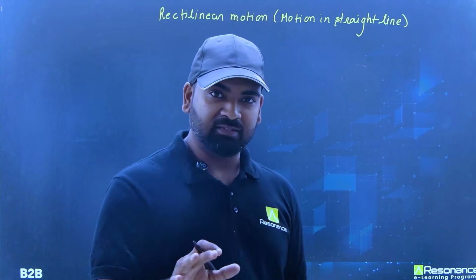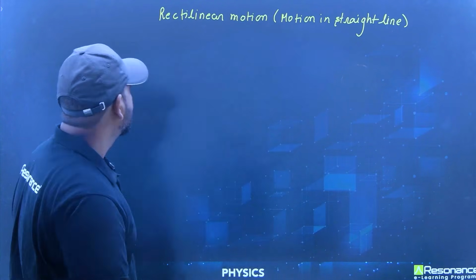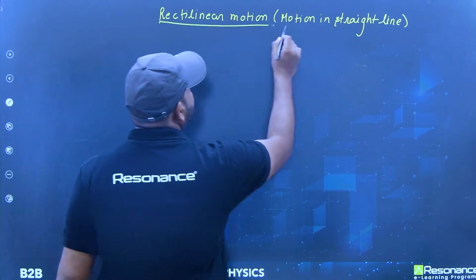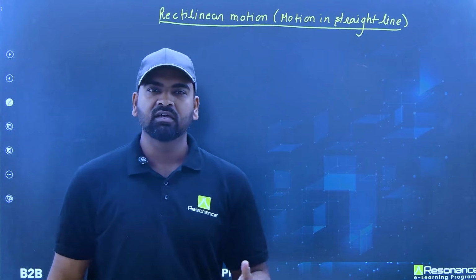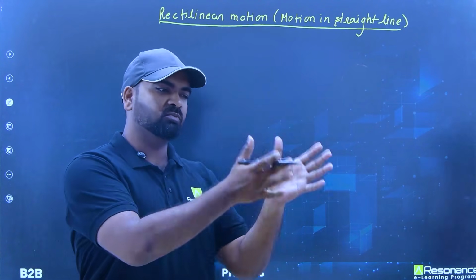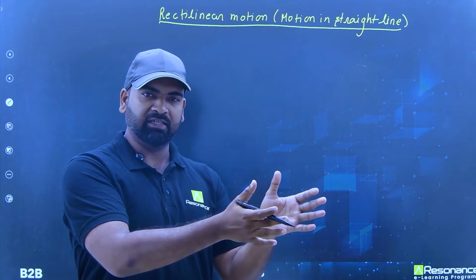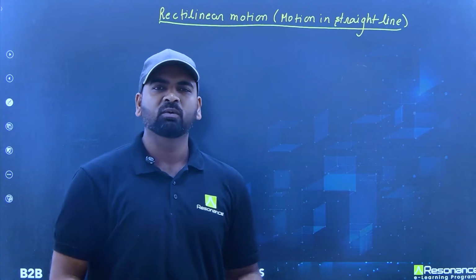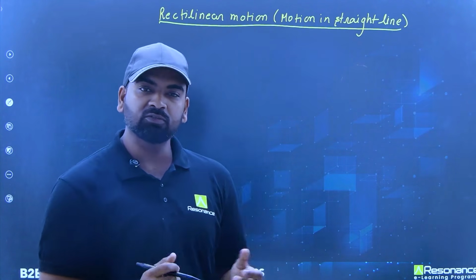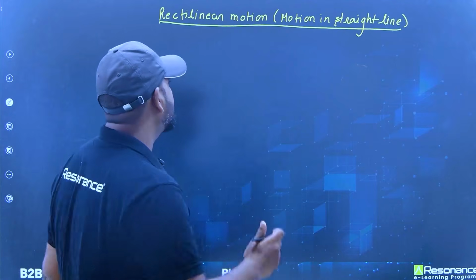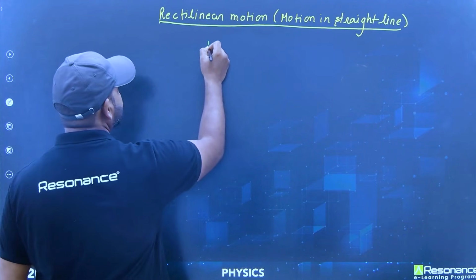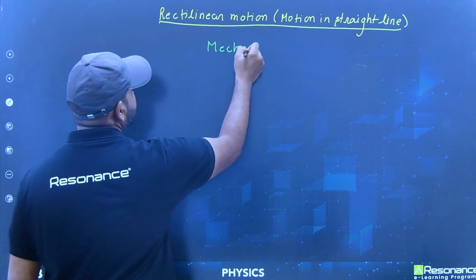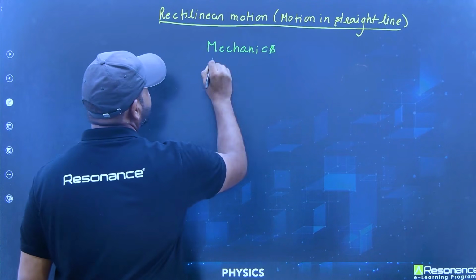Okay, let's begin. We are spending a lot of time talking. So rectilinear motion or motion in a straight line, this is where the physics actually starts. But we will go much deeper, behind the things. First we want to understand where this motion actually comes from, where Newton's laws come from. It all started with this one tiny thing called mechanics.